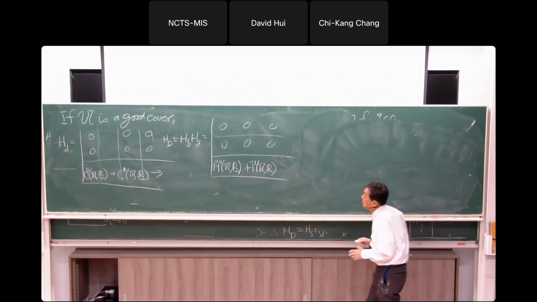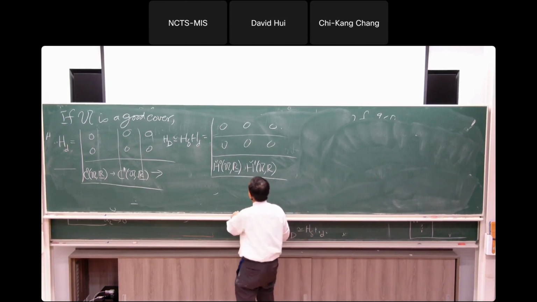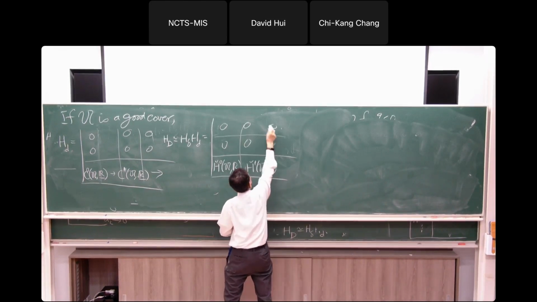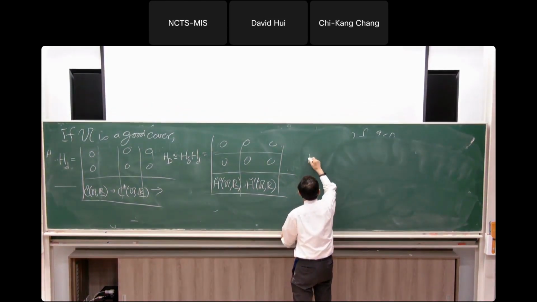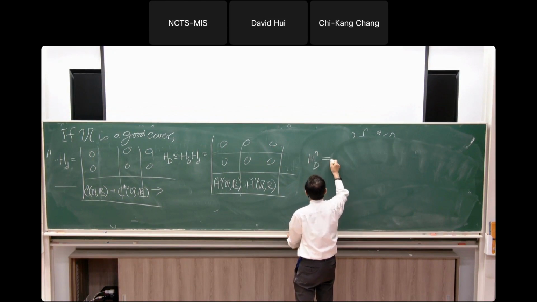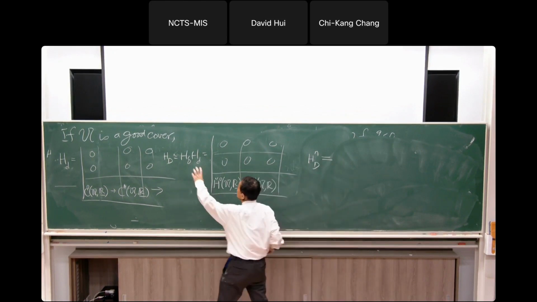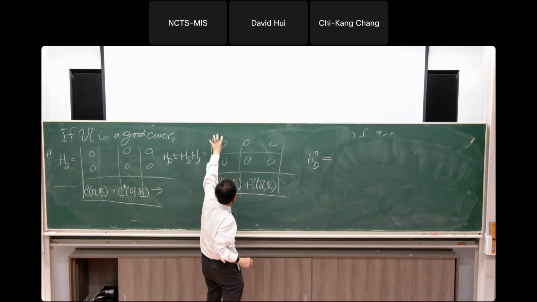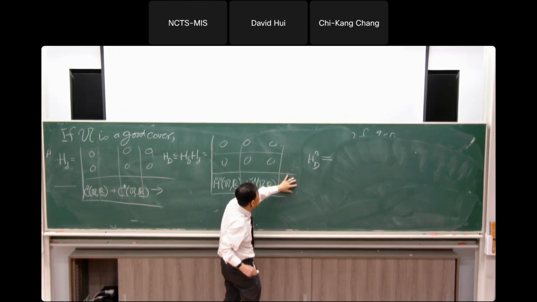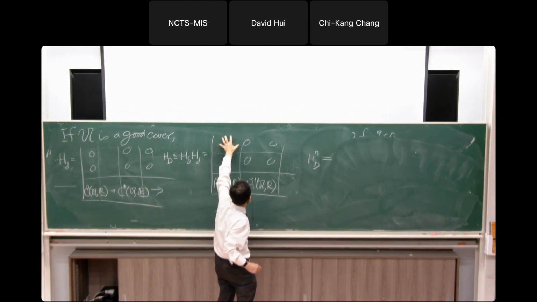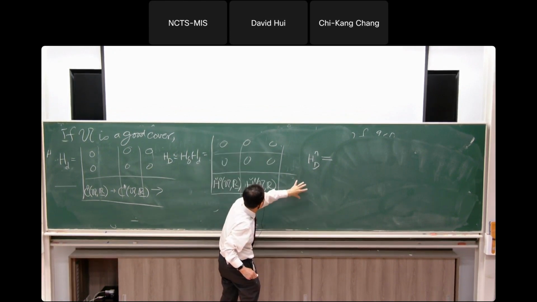If you look at degree n, degree n would be all the anti-diagonals that sum up to n. But it's all zero except down here.